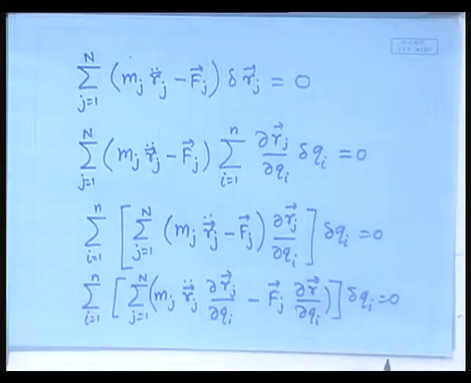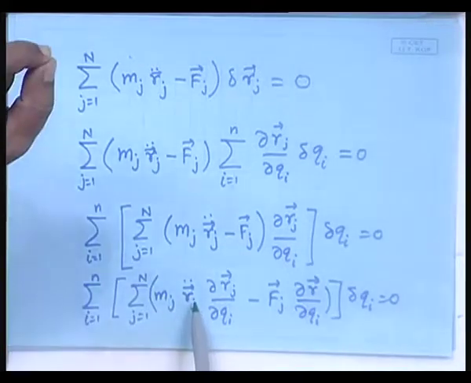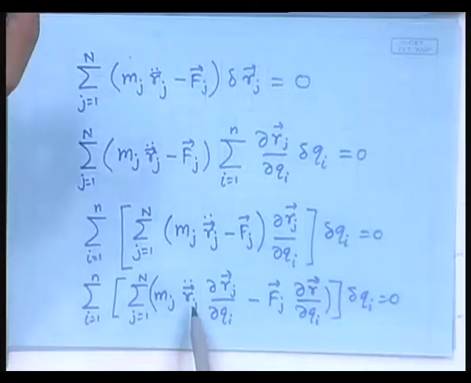Now, let us see what each term means. Here we have r j, the position of the jth body, double dot, times this derivative. What does it mean physically? Let us look at it.